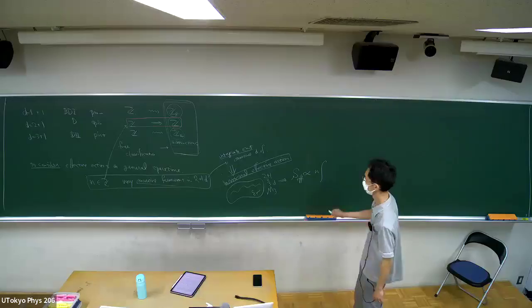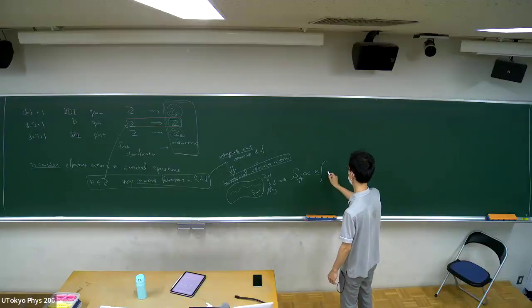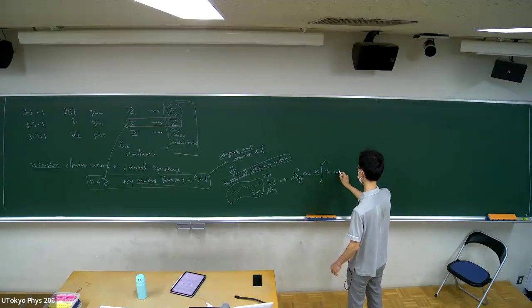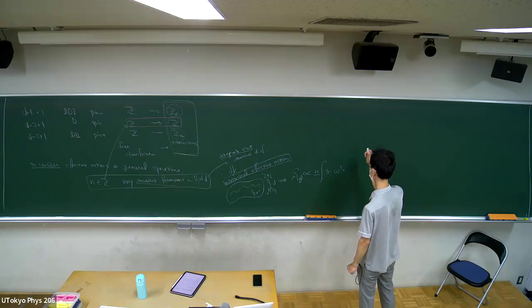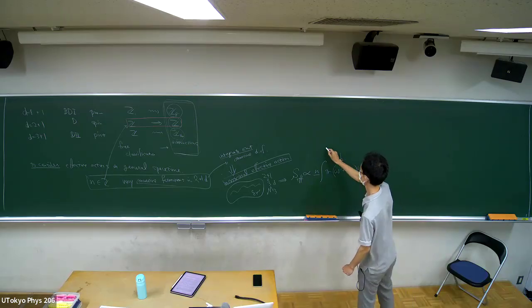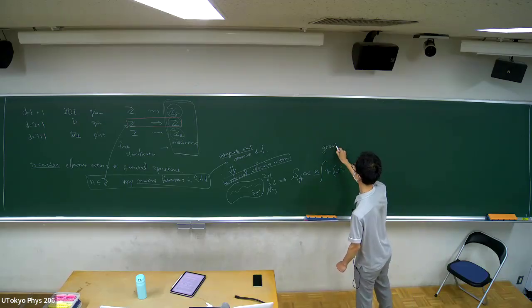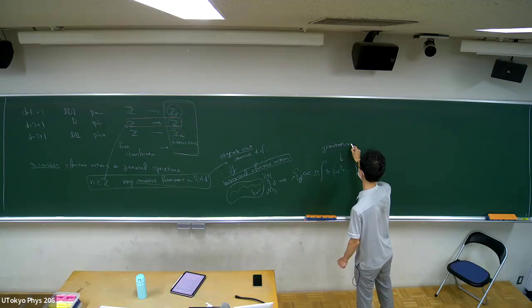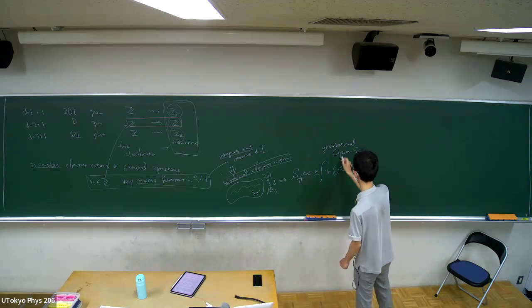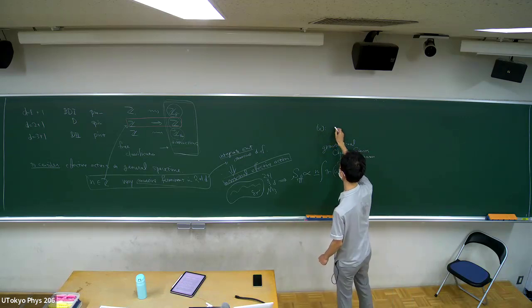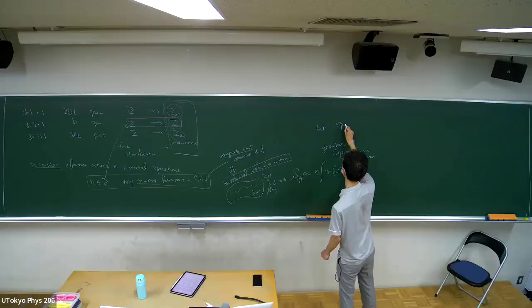So this becomes proportional to n, and you have this omega cubed term. So this is the gravitational Chern-Simons term, where omega is the spin connection.